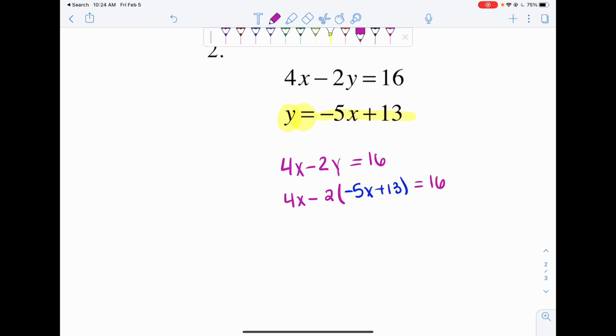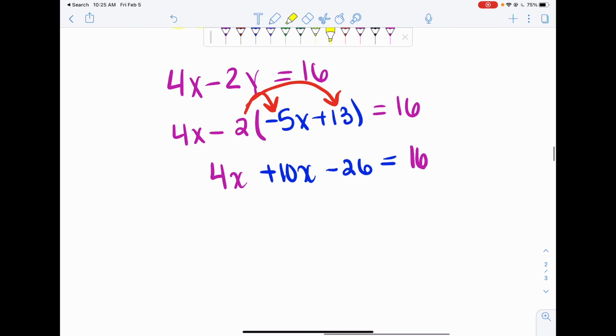Now that I have my -5x plus 13 substituted, I'm now going to distribute my -2 to each term on the inside. So I now have 4x, -2 times -5 is +10x, -2 times a +13 is a -26, and that's all equal to 16.